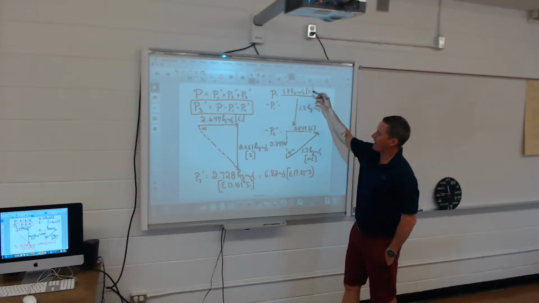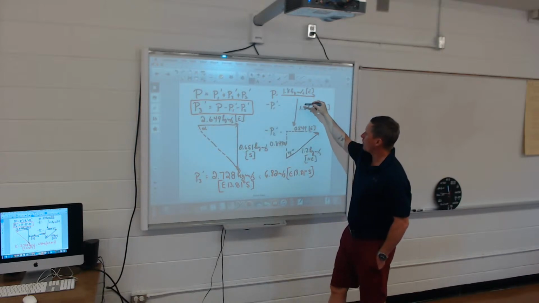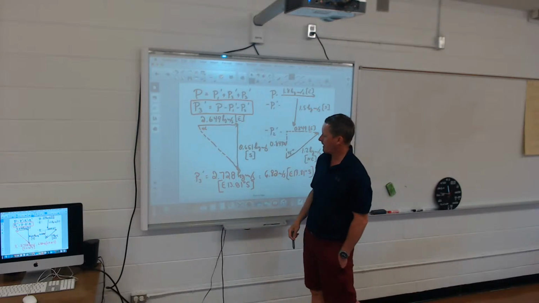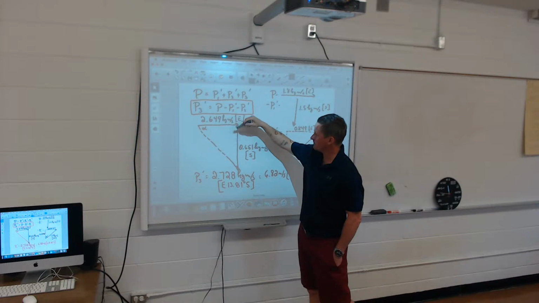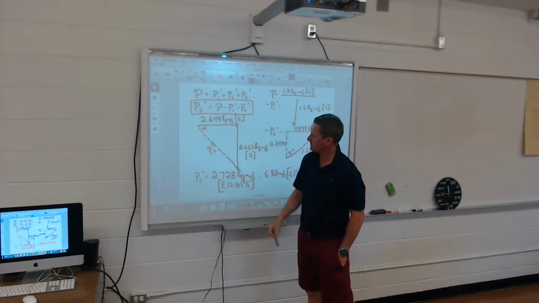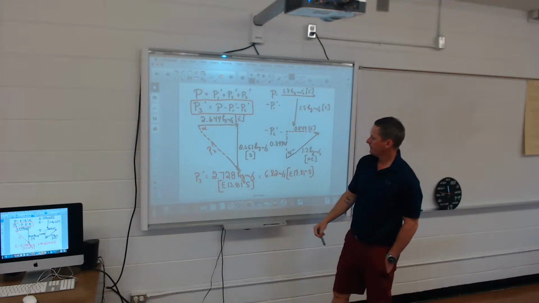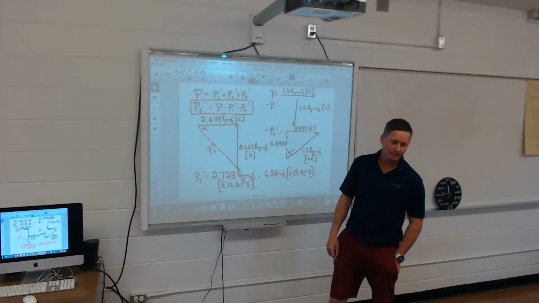I added all my x's together, my east and my east. I subtracted my y because one was south and one was north. Got that? Used the Pythagorean theorem to get my P3 right here. And then divided by the mass to get the velocity.